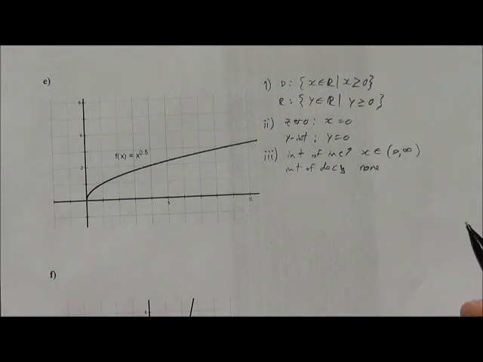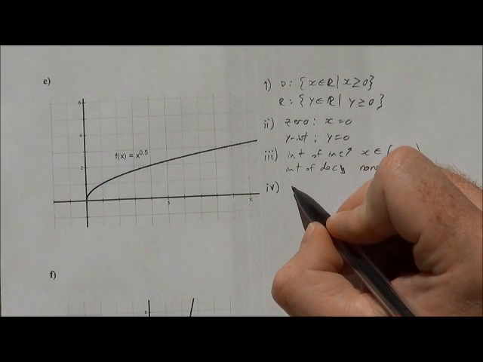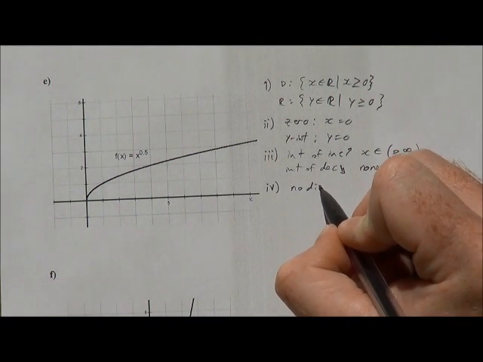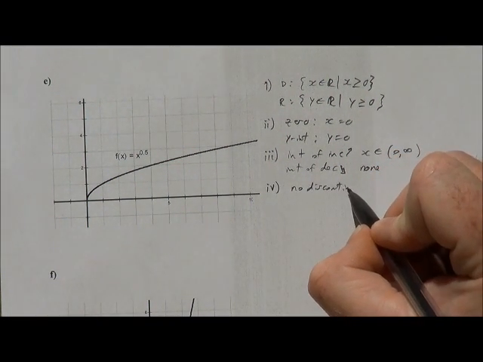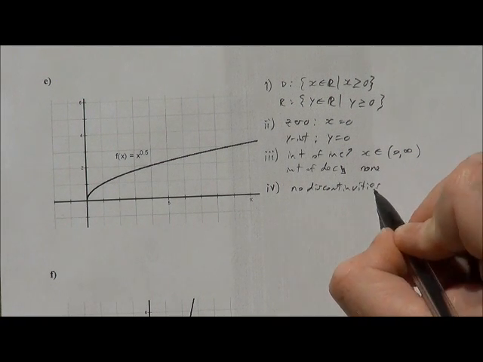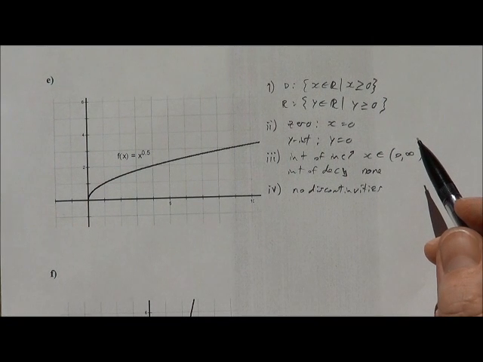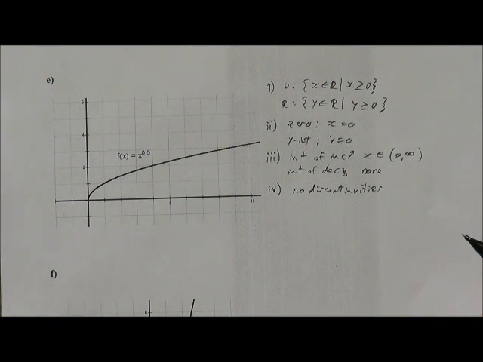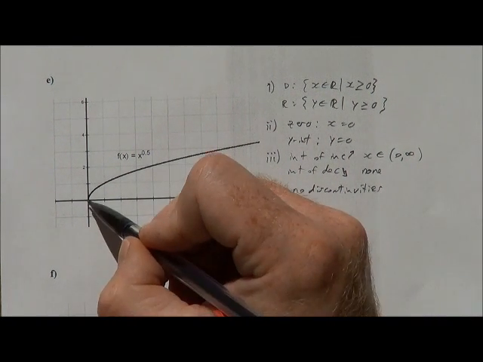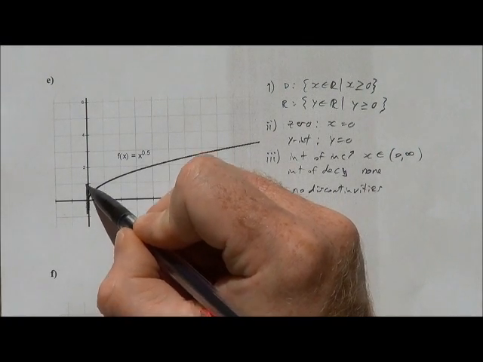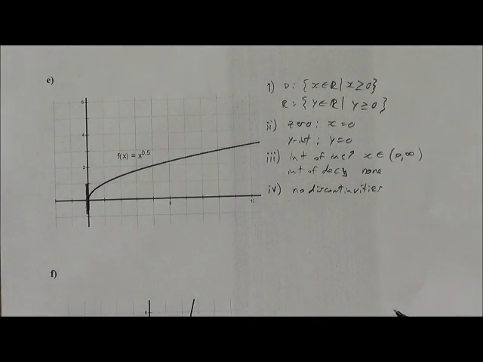Now moving along a little bit quicker here, please make sure that you pause each time to fill in the sheet before I do. Discontinuities and asymptotes. Well, there are no discontinuities. And technically speaking, there are no asymptotes. However, as you'll find later, perhaps in calculus, there actually is a vertical asymptote right there at x equals 0.